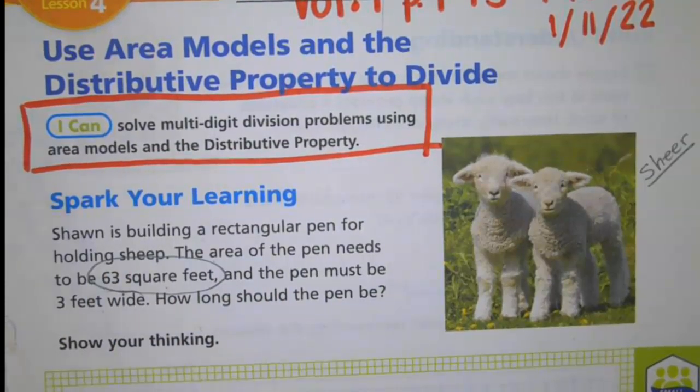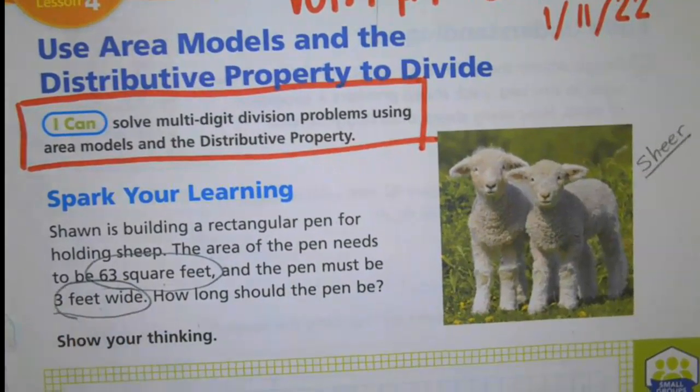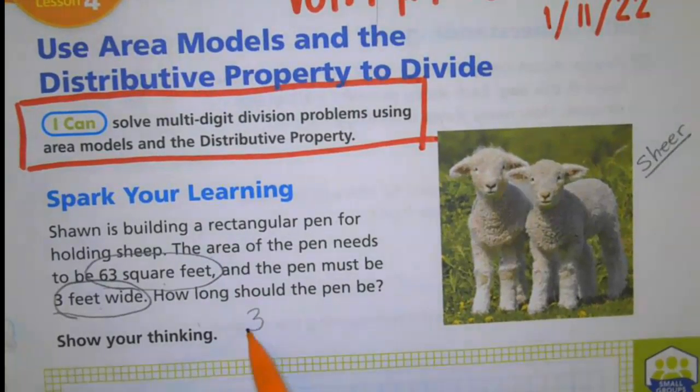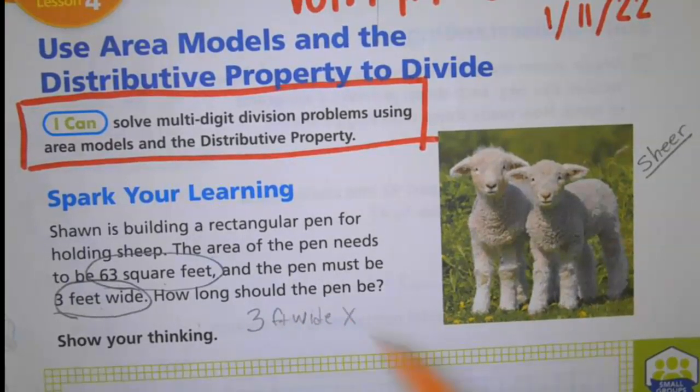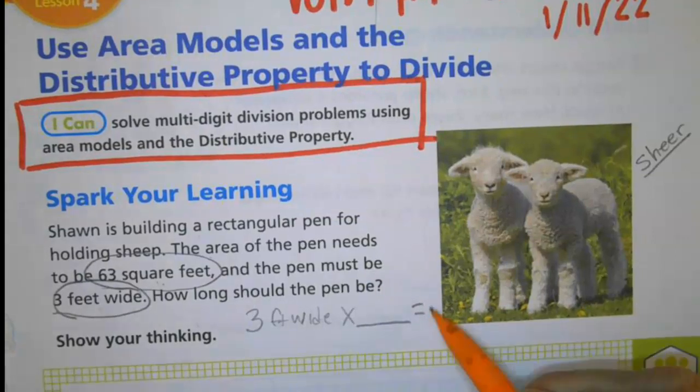The pen must be 3 feet wide. How long should it be? So I know it's got to be 3 feet wide. And I know if I multiply that by the length, that's going to have to give me my area of 63 square feet.